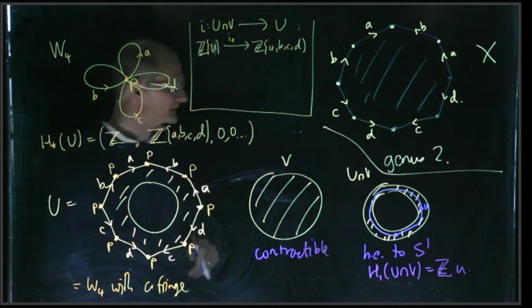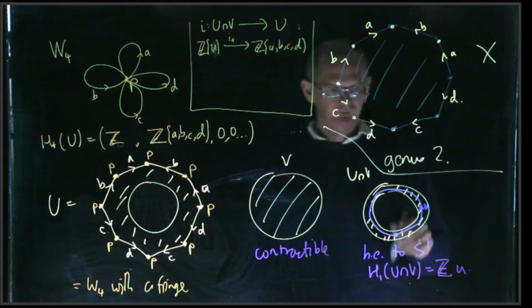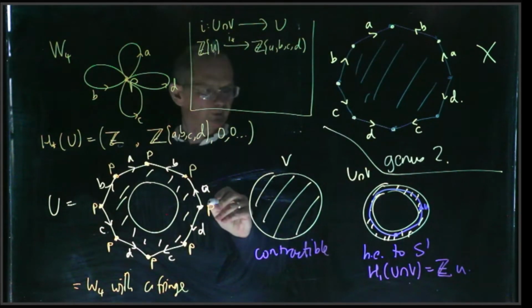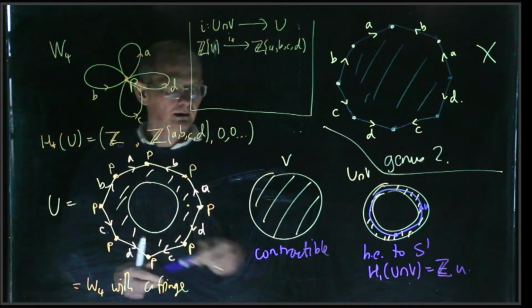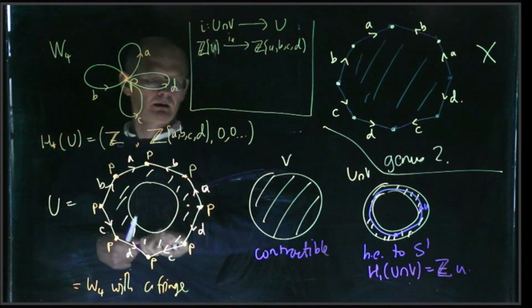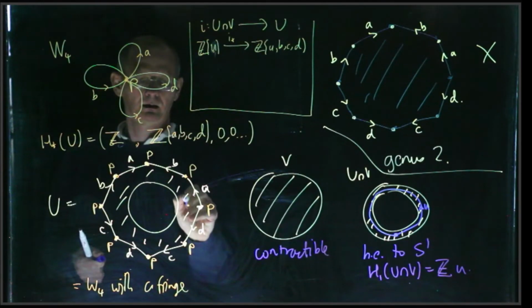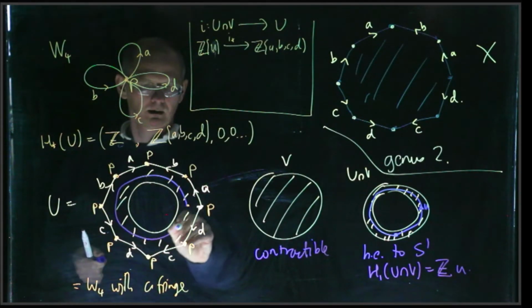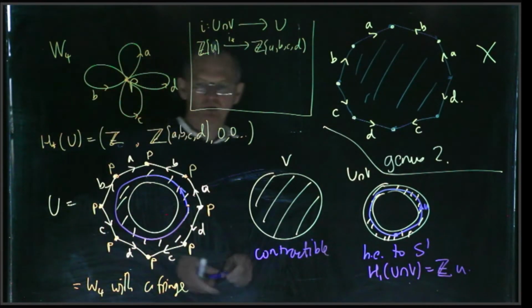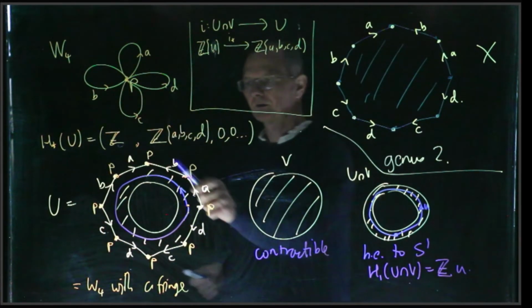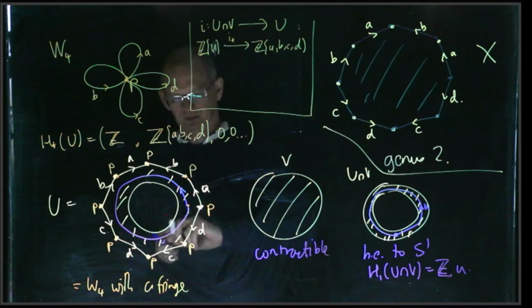And it's more or less the same story as with the torus. Okay, so we've got this loop, which we can draw again over here. And this is homotopic by a loop homotopy to the path that runs all the way around the edge.